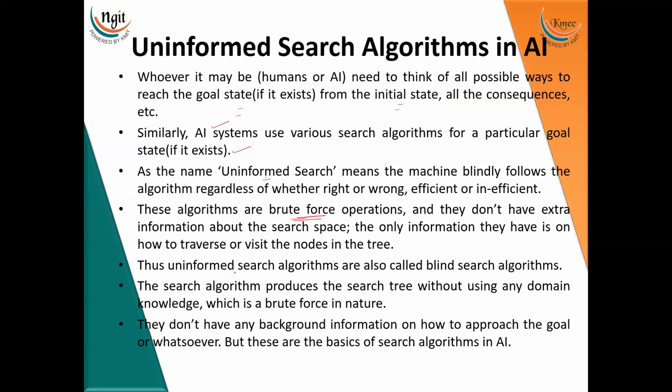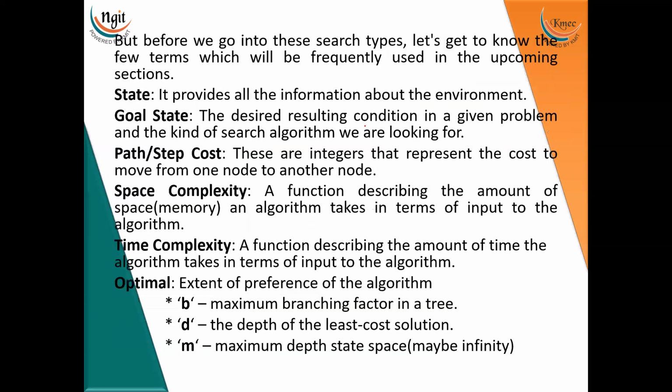That's why they are also called blind search algorithms. They don't have any background information on how to approach the goal. But still, these are the basics of search algorithms, which is why uninformed search plays an important role in AI.